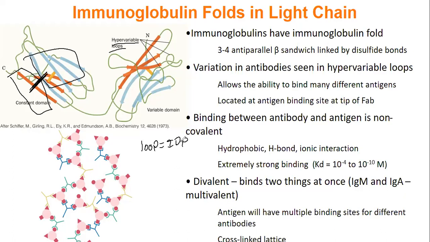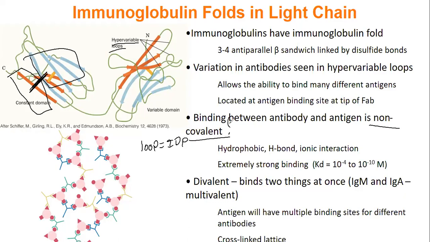This is what allows us to bind any antigen in the world: these loops will constantly change. Every time we make a new antibody, it'll have a different hypervariable loop. And when we bind our antigen, it is always non-covalent. We do not form covalent bonds. Our binding is only based on hydrophobic interactions, hydrogen bonds, and ionic interactions.